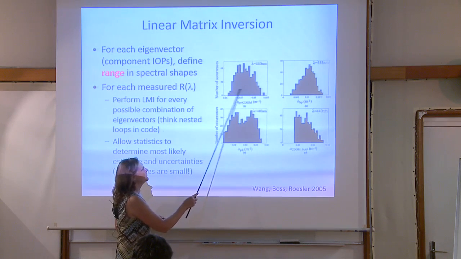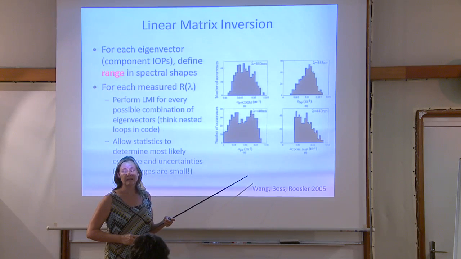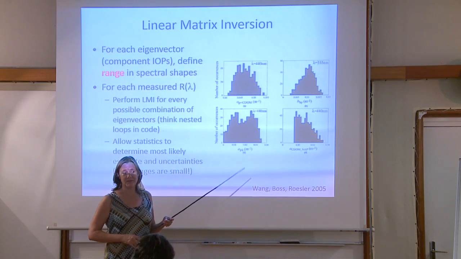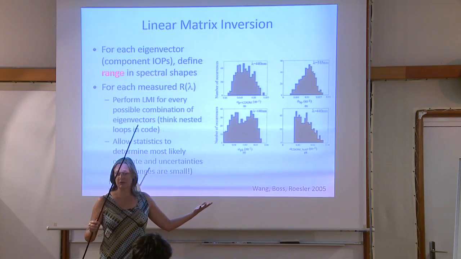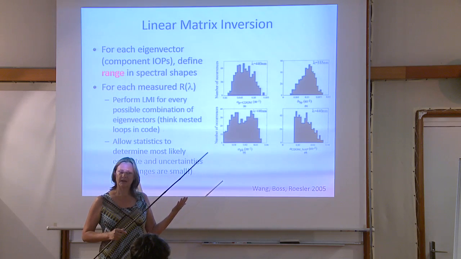But it could be anywhere from 0.04 to 0.05. That's not bad. If you think about the broad range of absorption that you might have, that's actually pretty narrow in terms of your estimates.